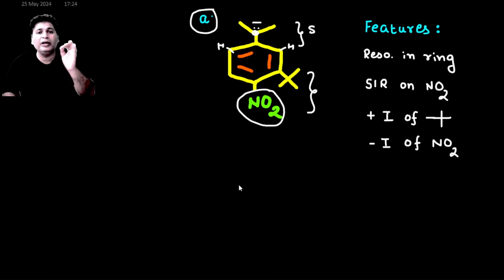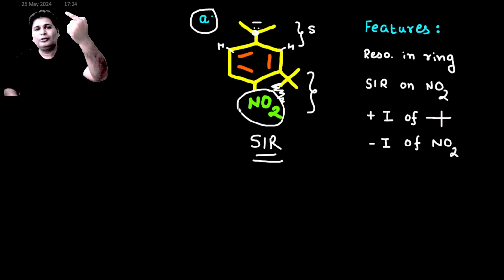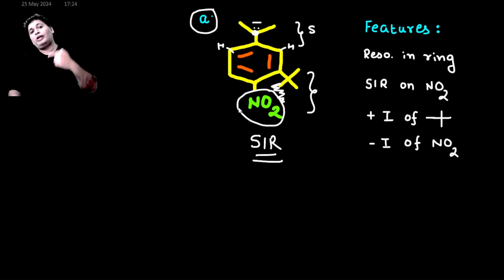The pi system of NO2 becomes perpendicular to the pi system of the benzene ring, and SIR is the outcome, and now it cannot do resonance with the benzene ring because of the steric issues. So partially SIR is present if you see the bottom groups, and at the top there is no SIR effect. So minus will at least come inside the benzene ring, okay, but it will not go to the NO2 group because NO2 is now in no more conjugation with anything in the benzene ring, okay. So that is an important thing.